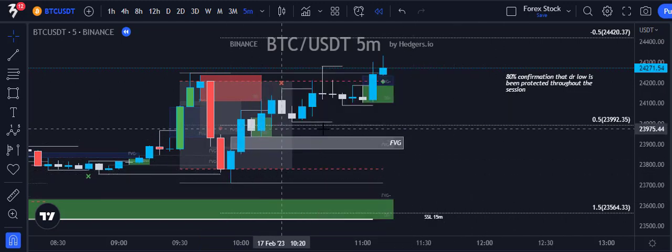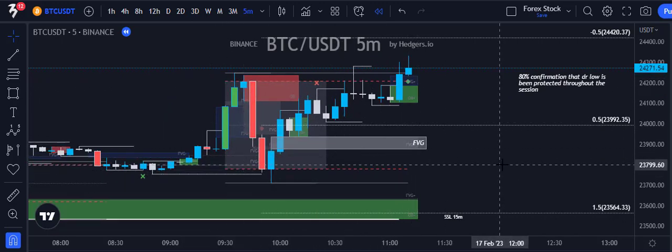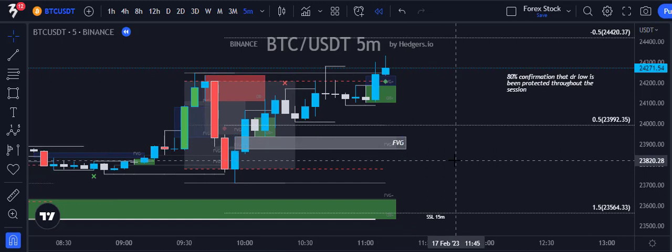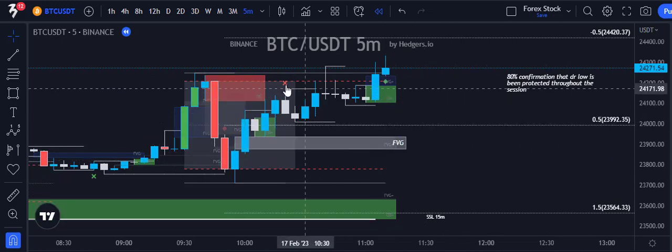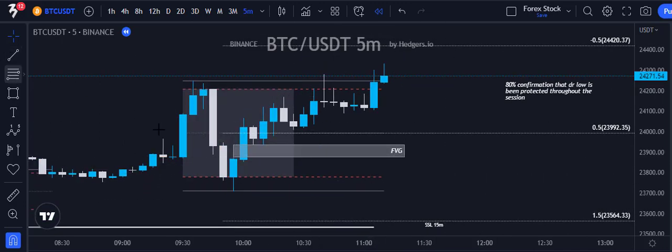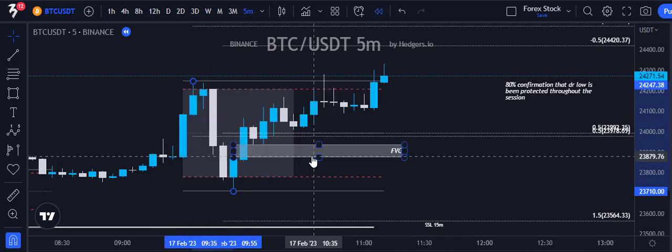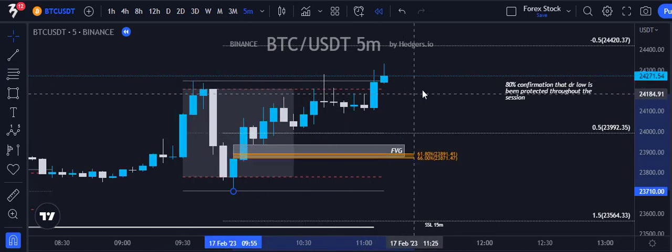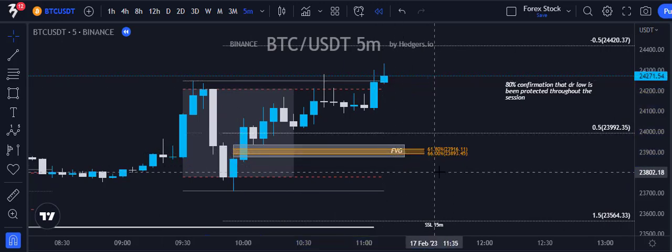Do you see any other confluence? No, not much in this session. So right now we have the fair value gap here and the 0.5 here. Now just close this indicator and use this golden pocket technique to find the highs and lows. I see the golden pocket is coming at the same level as the fair value gap.